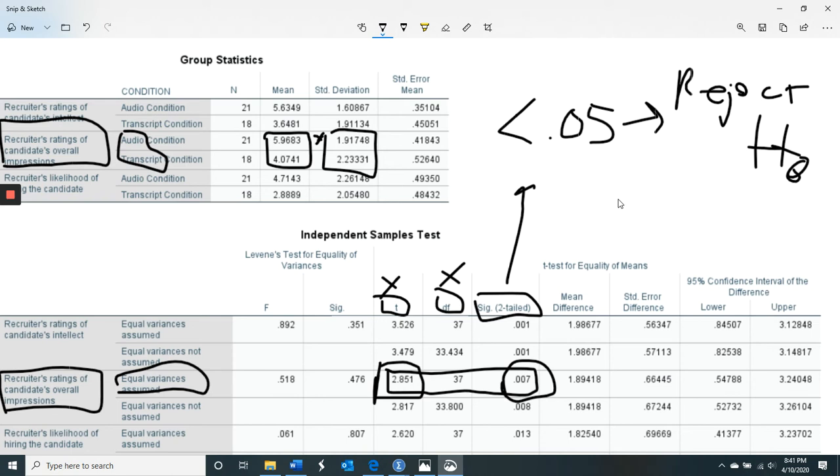So now we have our first sentence. We know that there's a significant difference between those two groups, and we can just simply state it.